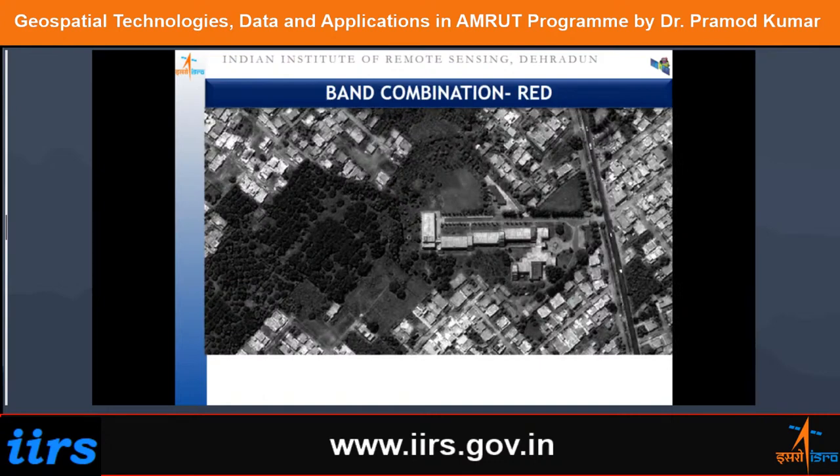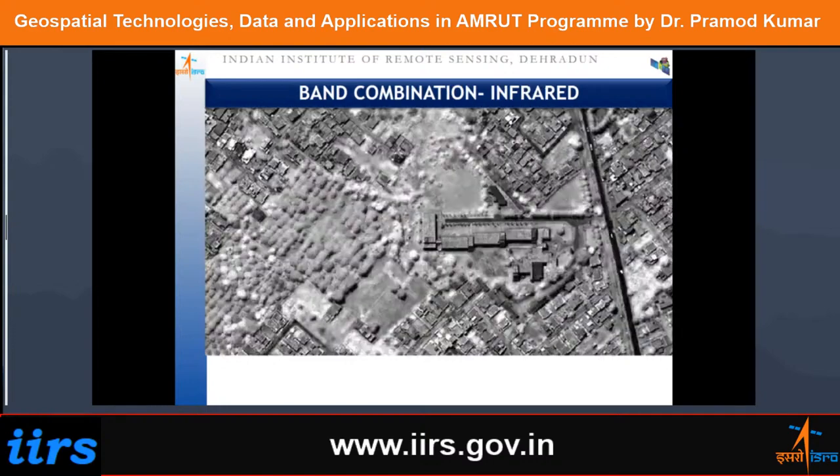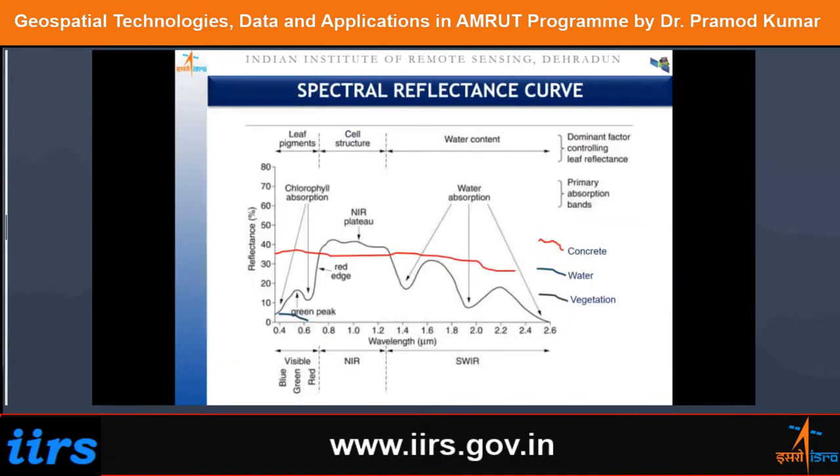When you are generating the false color composite, as we have seen in the reflectance curve, the vegetation reflectance is slightly higher as compared to blue, but still the concrete and allied surfaces are brighter. In the green band, the vegetation is relatively darker and the built-up surfaces are much brighter.